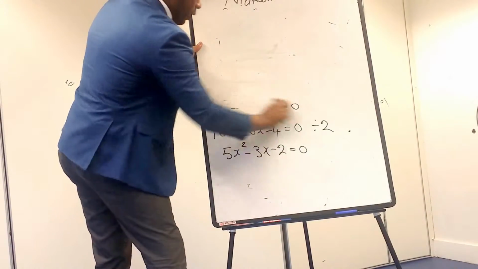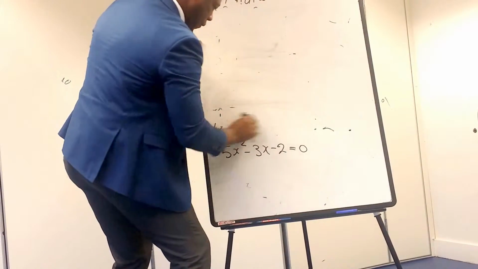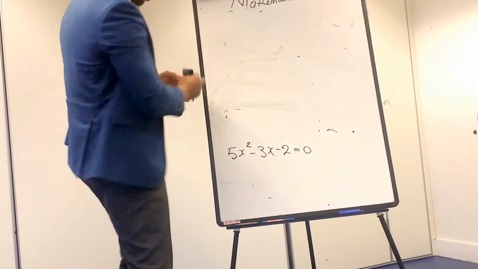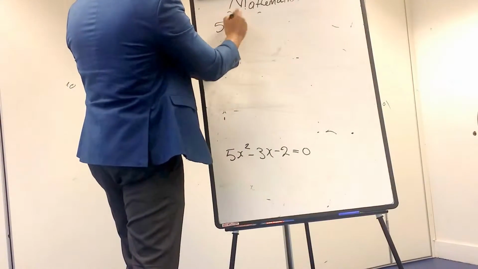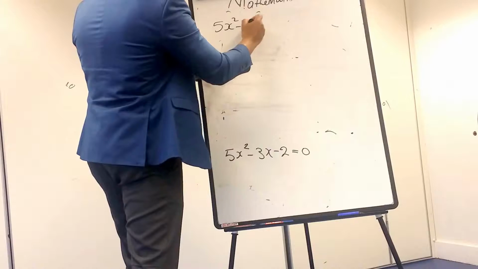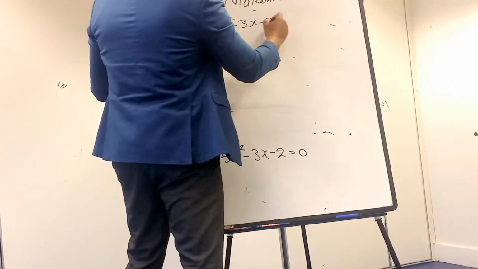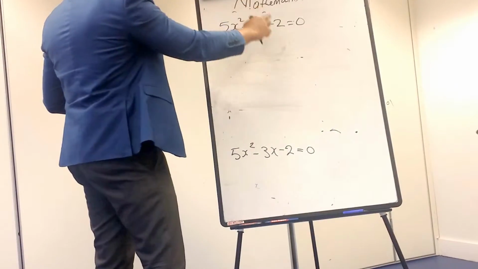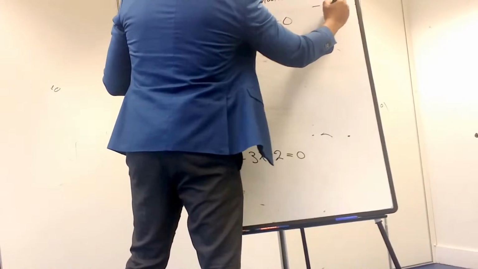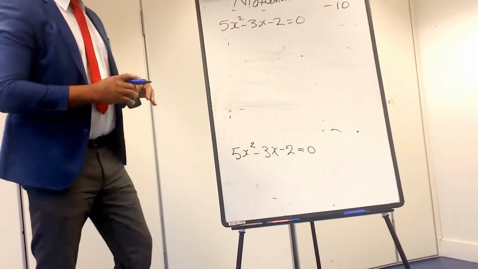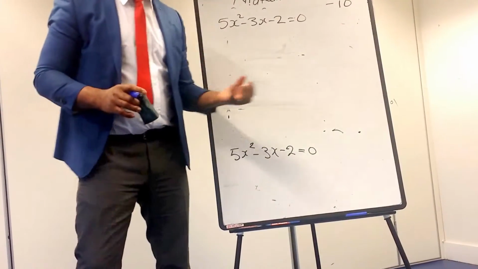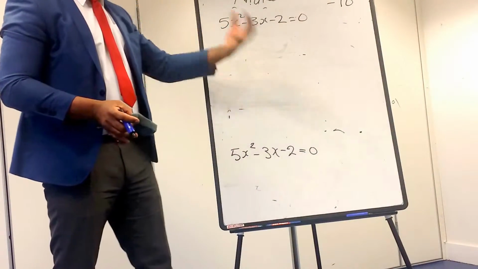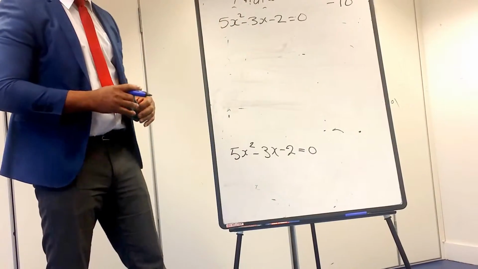Okay, so what we're going to do now, if we write 5x squared minus 3x minus 2 is equal to 0, we're going to do 5 times minus 2 is minus 10. So we need to find two numbers. When we times them, we get minus 10, but when we add them, we get minus 3.